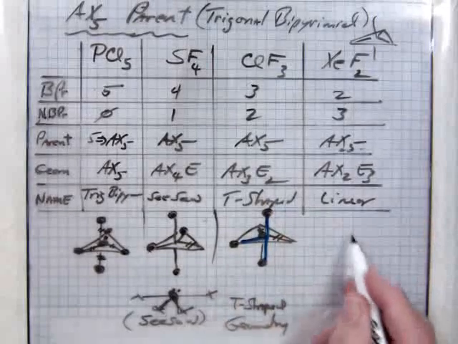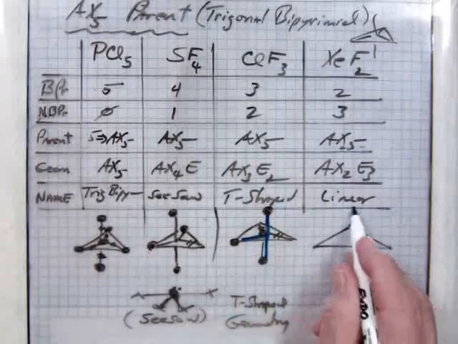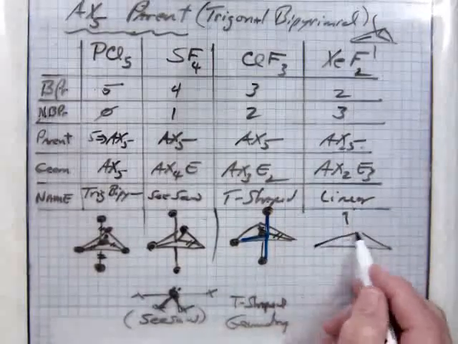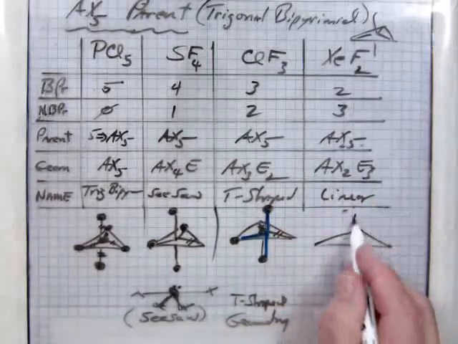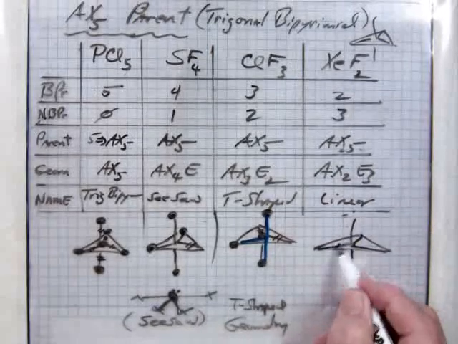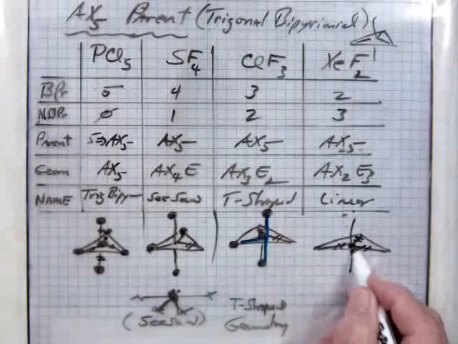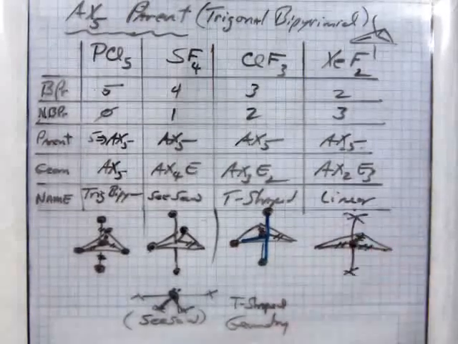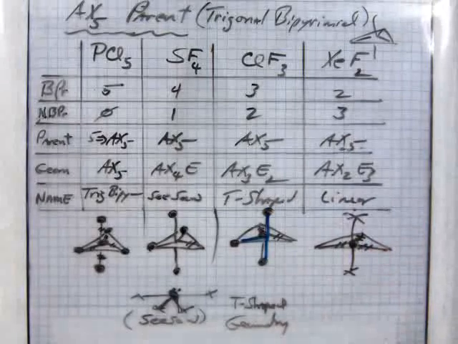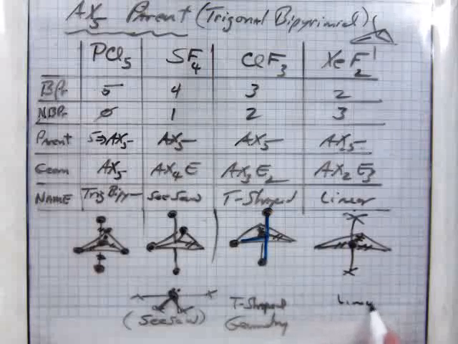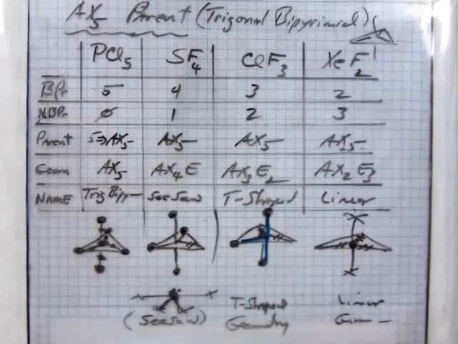Linear in that, because when you draw your structure like that, all of the positions in the plane are full. And you put the substrates above and below the plane of the triangle, and you can see clearly the linear geometry. And so that's how you break those down.